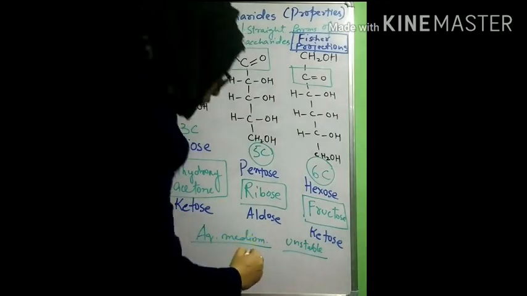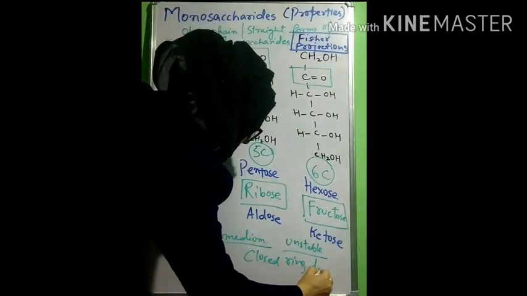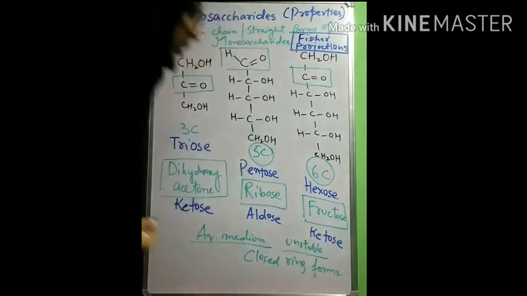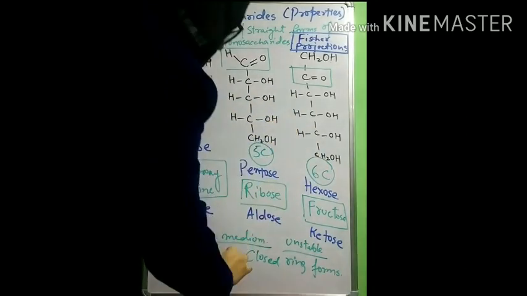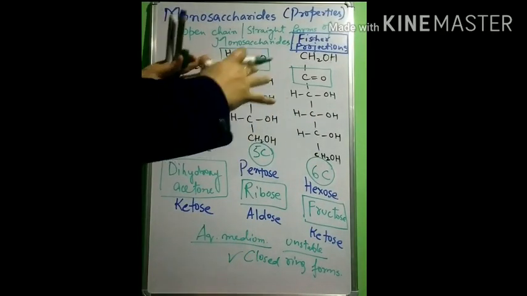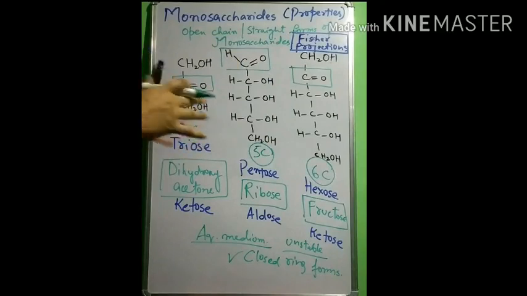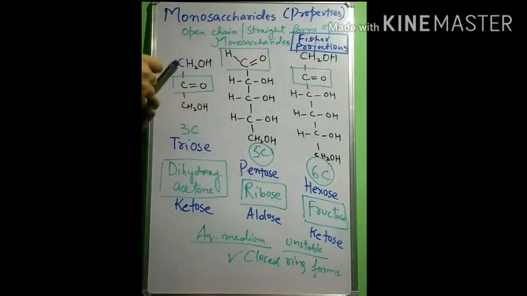You'll find them in closed ring forms, which are called Haworth projections. I'll show you these closed ring forms ahead. You must have an idea about these open forms as well as closed forms of monosaccharides. Open forms are called Fischer projections and closed forms are called Haworth projections. Let me show you that next.